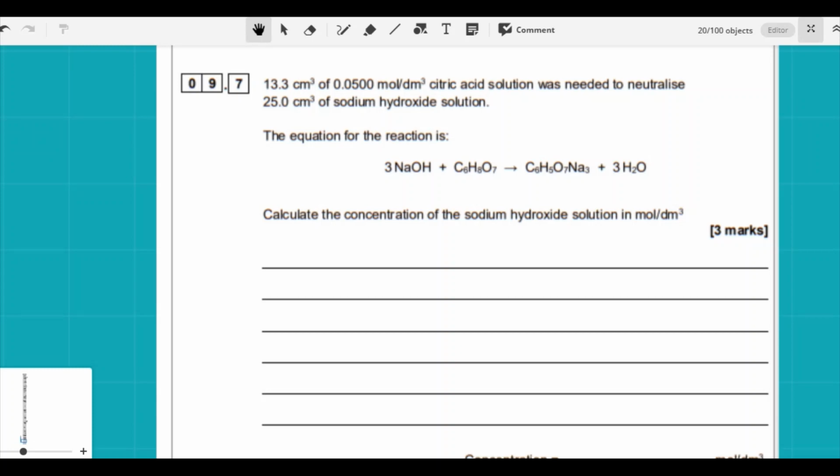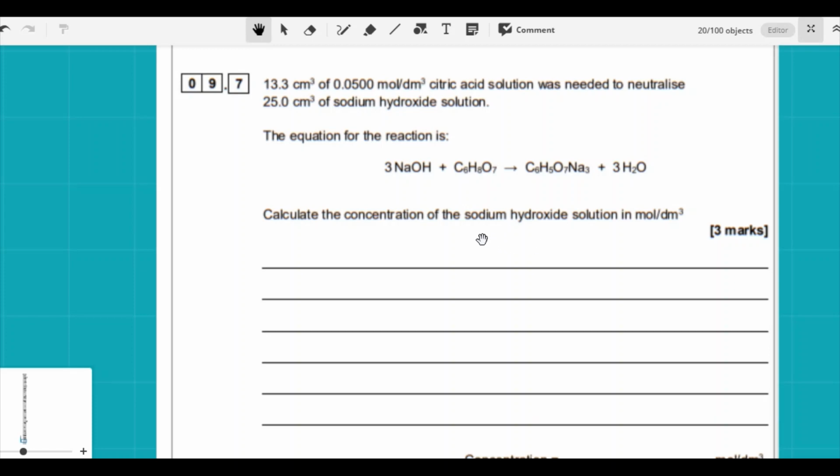All right, now that is our last question, 9.7. 13.3 centimeter cube of 0.0500 moles per decimeter cube of citric acid solution was needed to neutralize 25.0 centimeter cube of sodium hydroxide solution. The equation is below. Now we need to calculate the concentration of sodium hydroxide solution in moles per decimeter cube.